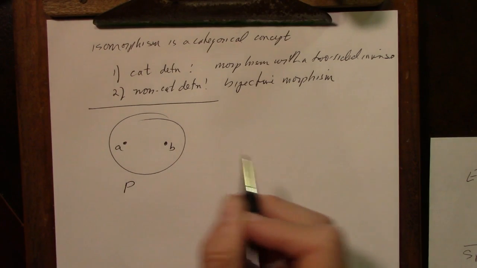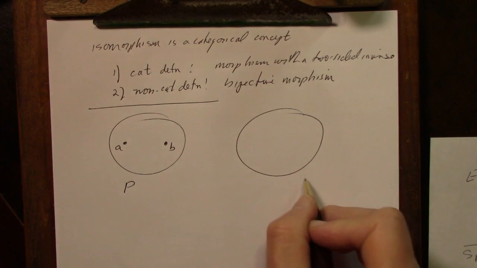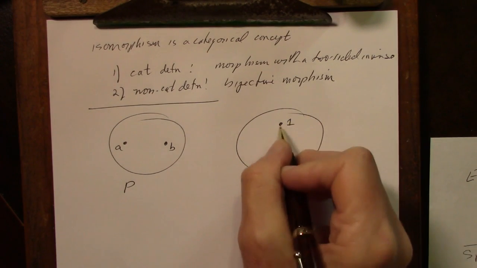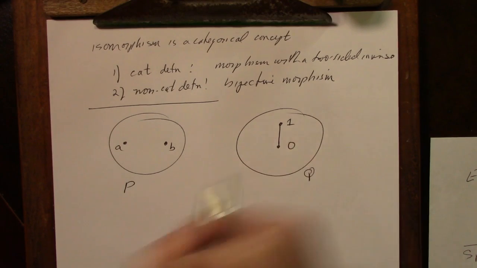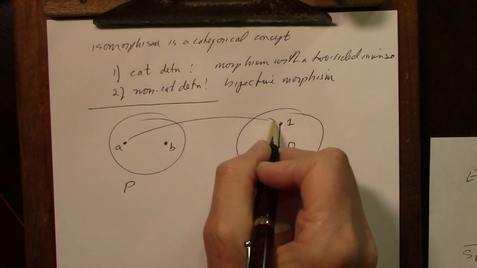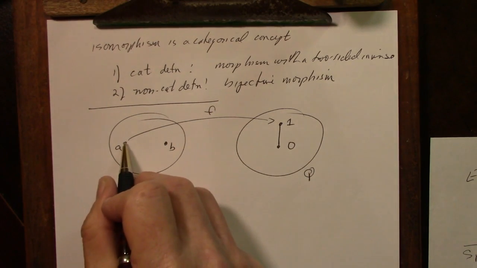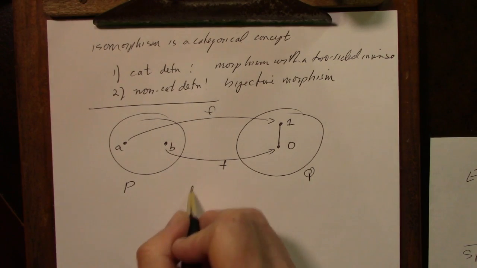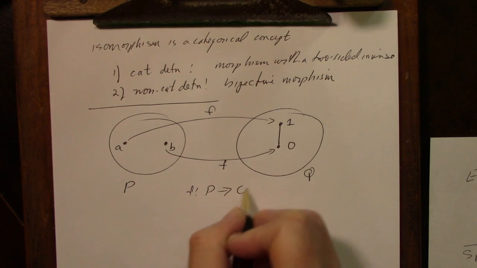Sometimes they're called parallel. Now we have another partially ordered set with two elements, 0 and 1, that are comparable. And suppose we map F here. F takes A to 1 and it takes B to 0. So F maps P to Q.